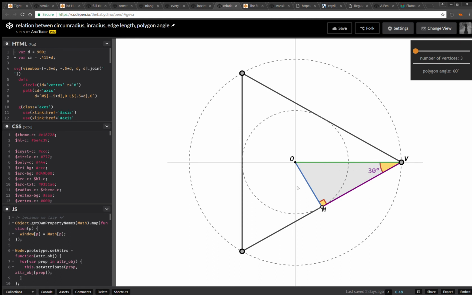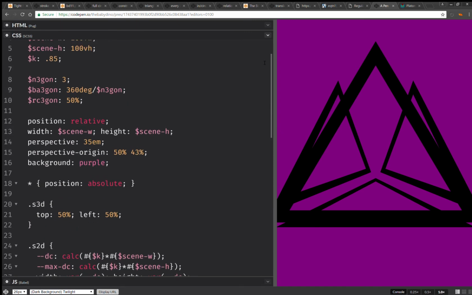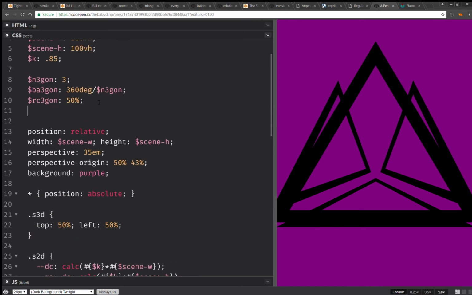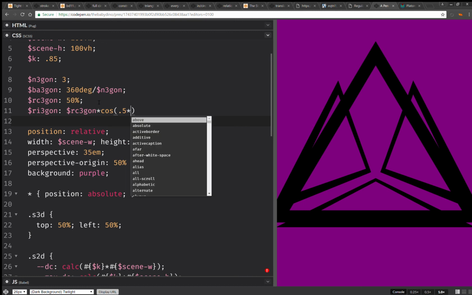So the in radius is going to be the circumradius times cosine of half the base angle. So this is how I get the in radius. So let's compute here the in radius. This is going to be the circumradius times cosine of half the base angle.